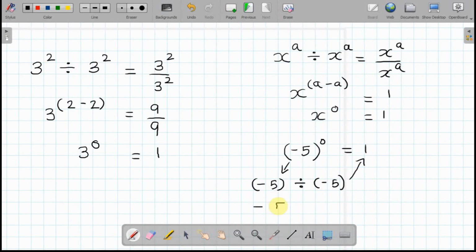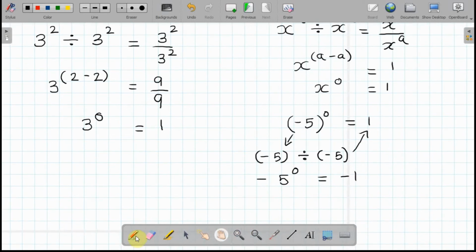However, if I was to write this, the answer will come up as minus 1. And the reason for that is this particular calculation represents minus 5 over here divided by 5. So that would be minus 1.